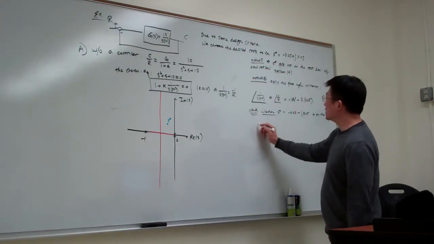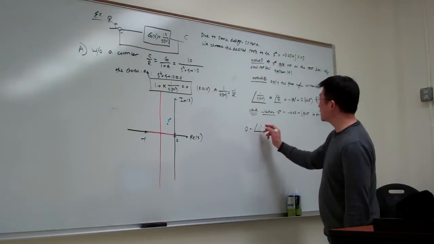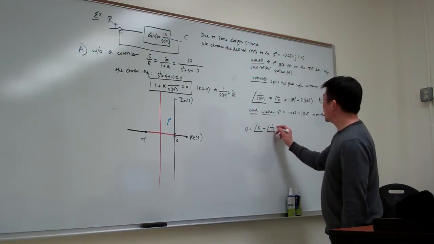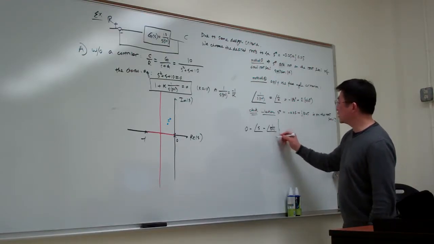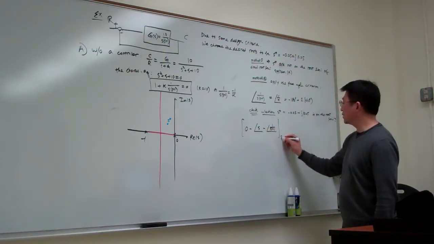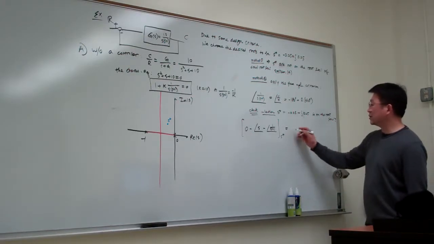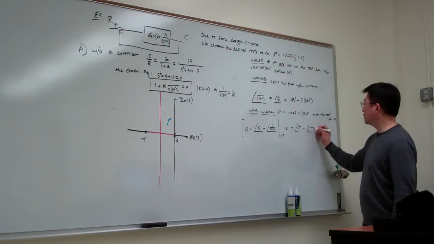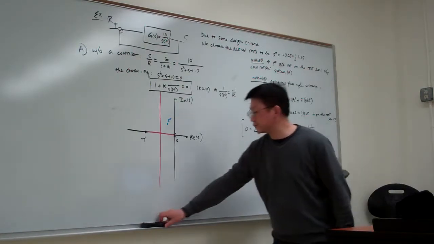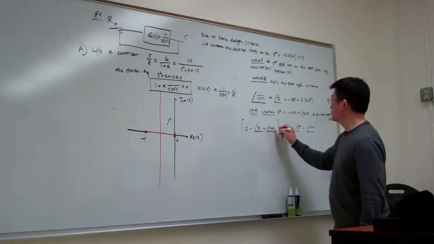So that means basically this angle is equal to 0 minus the angle of S minus the angle of S plus 1. So right now we're checking what this angle is here. Basically it is minus the angle of S minus the angle of S plus 1.